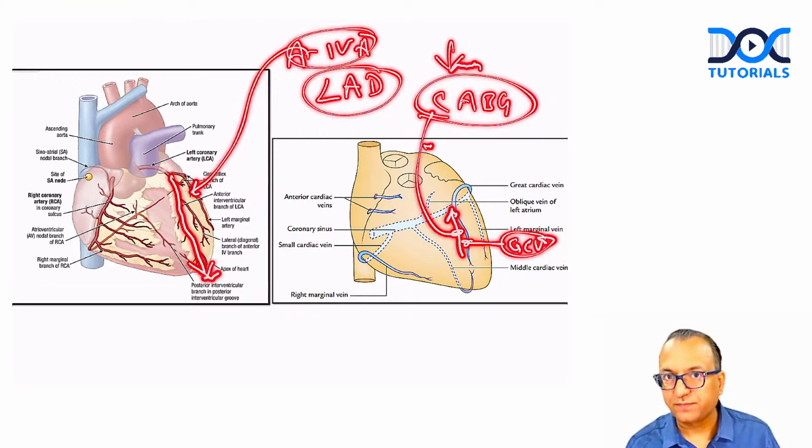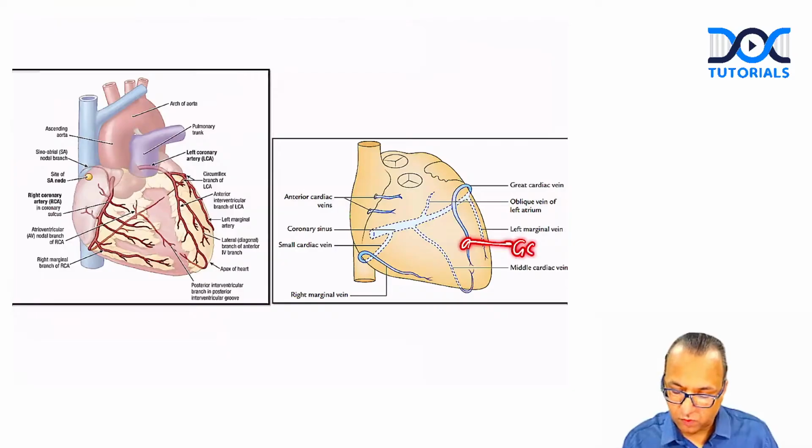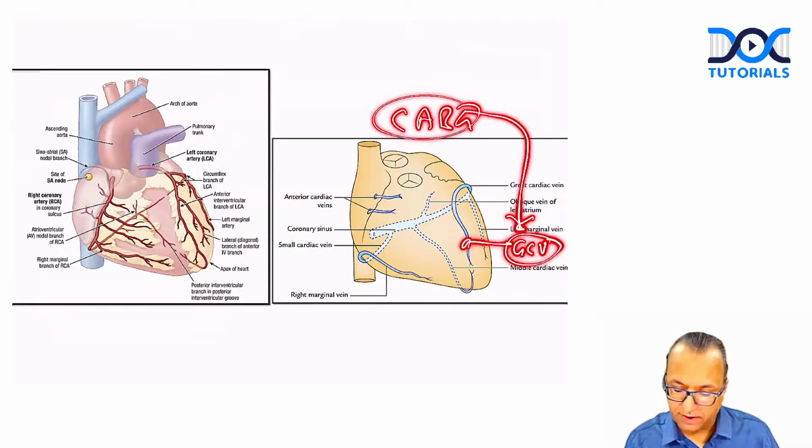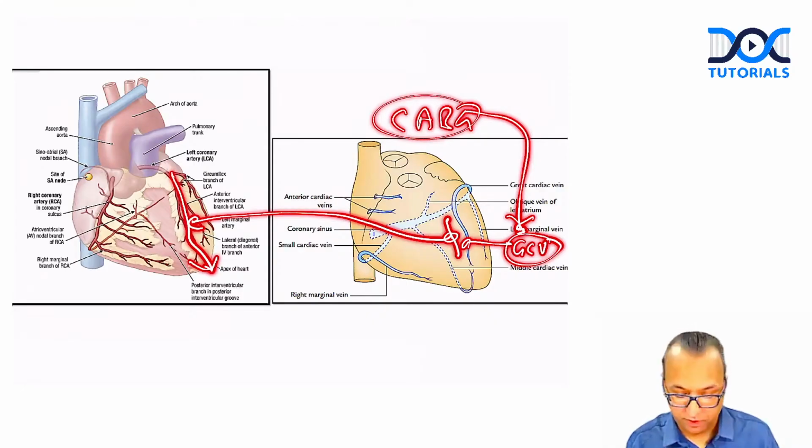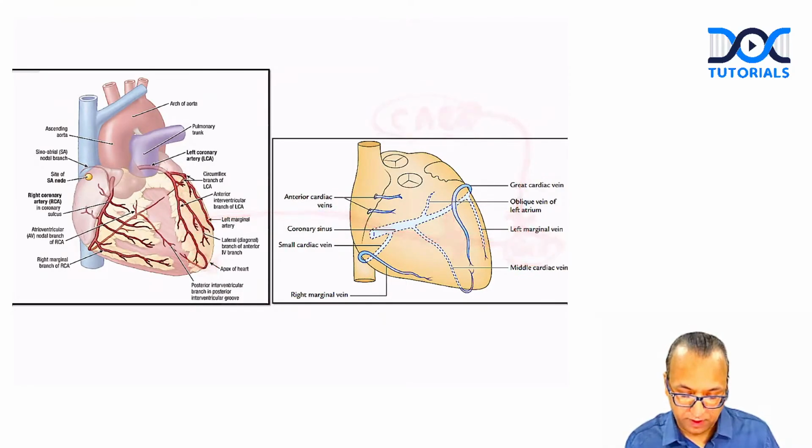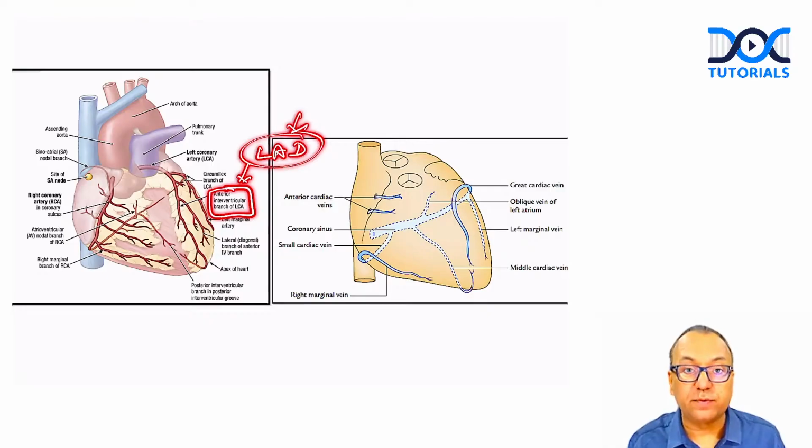Question was, there is CABG being done and we are working in the territory of great cardiac vein and one vessel damage. Maybe they were asking about left anterior descending artery, which is also called anterior interventricular artery. So anterior interventricular artery, or maybe the left anterior descending artery, that's what they were asking. I haven't got the question properly.